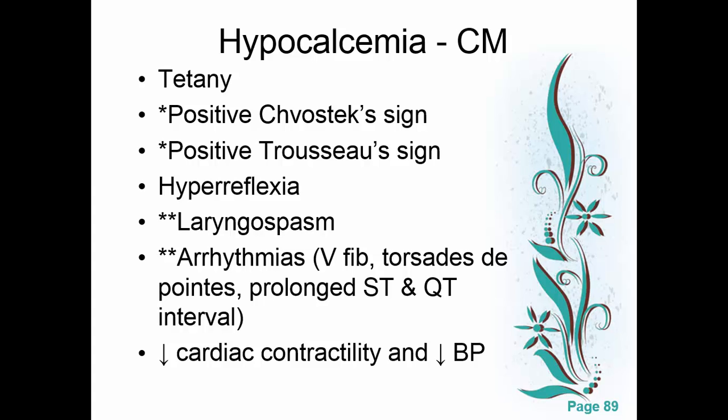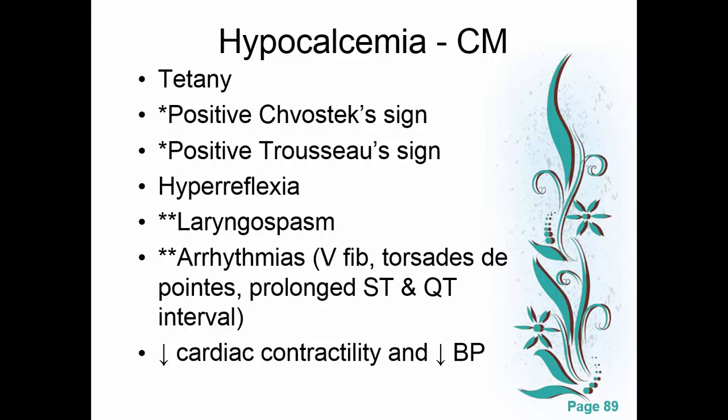They may have torsades de pointes, which is a prolonged QT interval greater than 0.48 seconds. They may also have prolonged ST and, again, QT intervals. Decreased cardiac contractility and decreased blood pressure are also causes.